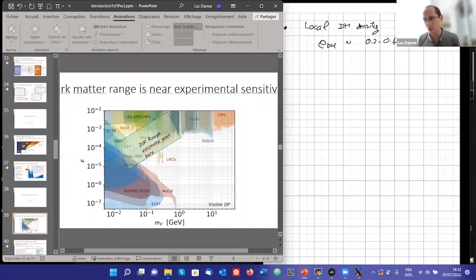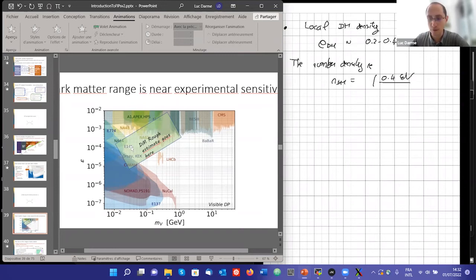Now, if it's a WIMP, how many WIMPs do we expect as a number density around our local dark matter halo? So the number density is simply given by this mass density divided by the mass.